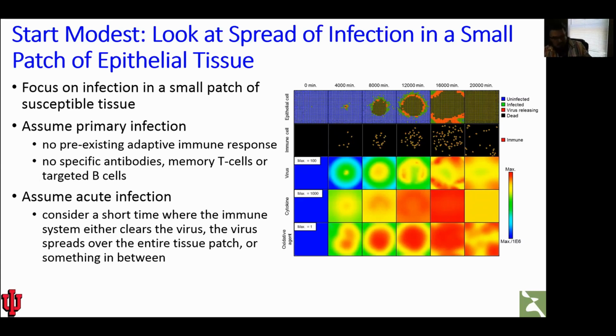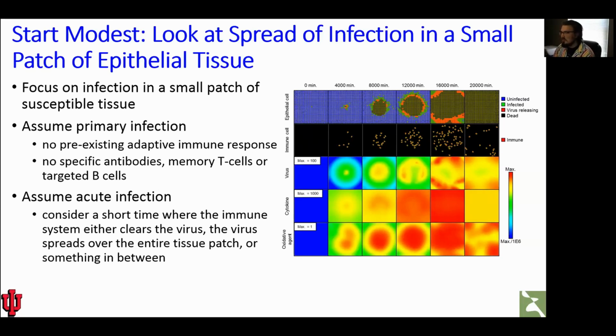Our strategy with developing this model was to first start with initial infection in a small patch of susceptible tissue. So we assumed a scenario of primary infection where there's no previous exposure to the pathogen that's being simulated, and therefore no specific antibodies, no memory T cells or B cells.